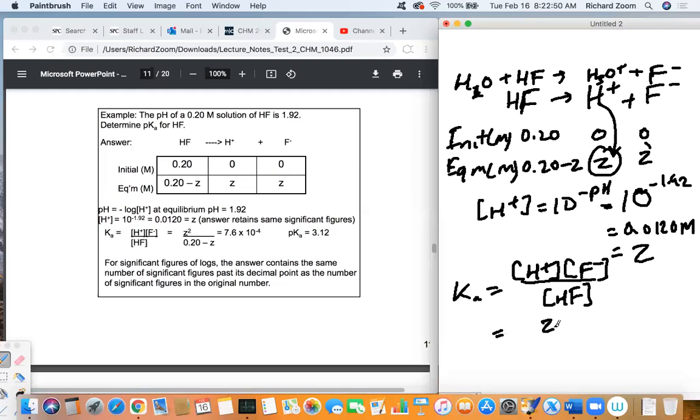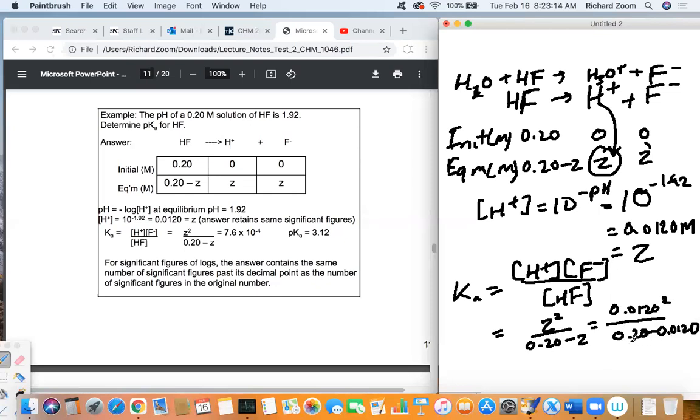So it'll be Z squared over 0.20 minus Z. Now the Z squared is going to be 0.0120 squared over 0.20 minus 0.0120.